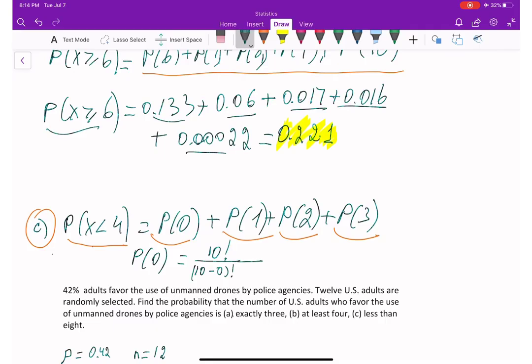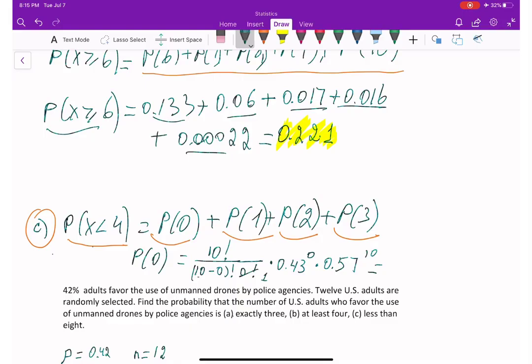Factorial, times x factorial, which is 0 factorial, and then the probability of success, which was given, 0.43 to power x, which is 0, and then times q, which is 1 minus 0.43, it's going to be 0.57 to power n minus x. 10 minus 0, it's going to be 10. Okay, you can solve it. So this is going to be 1.